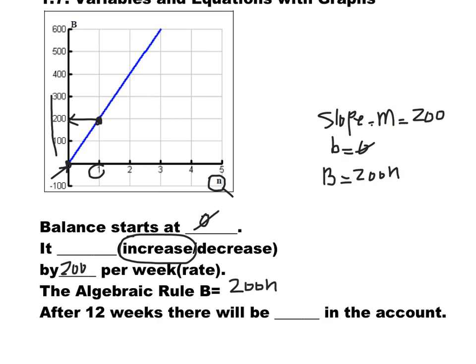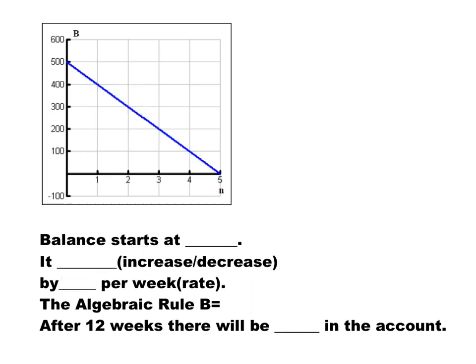Now the next part of the question says after 12 weeks there will be, so I'm going to use the equation we found here. So B is going to be 200 times 12, which is $2,400. Now let's do the same thing for this graph.